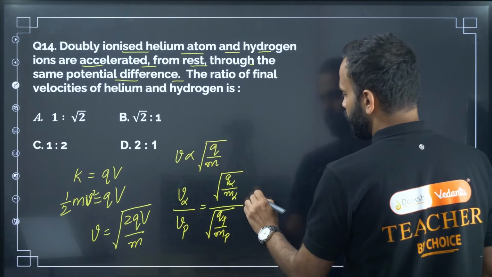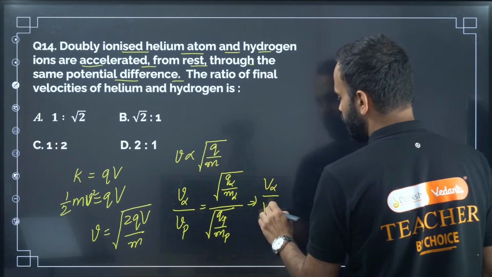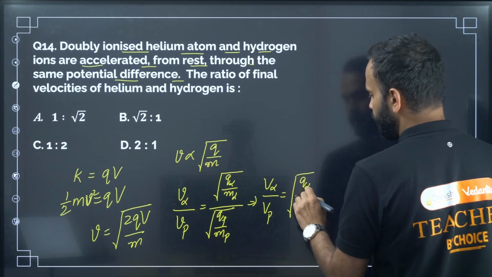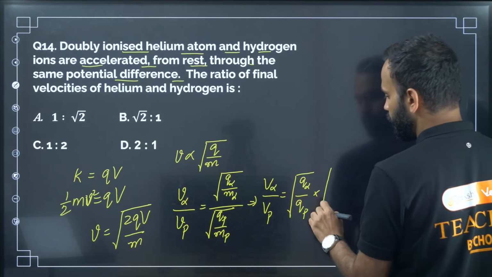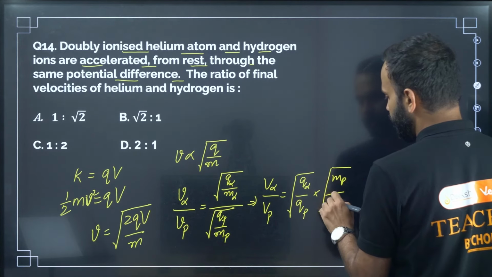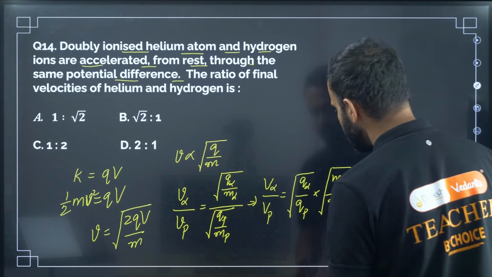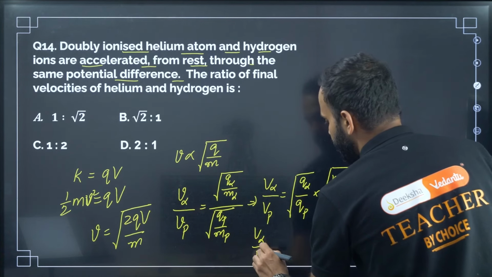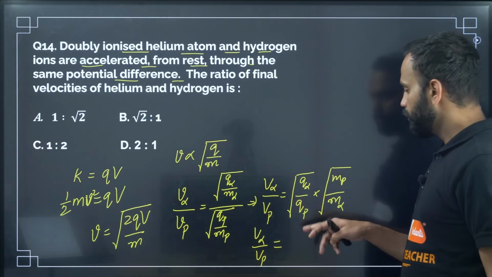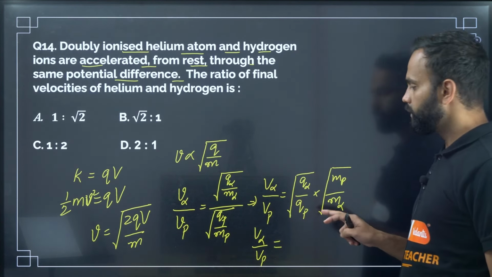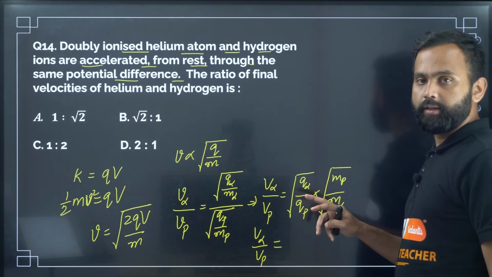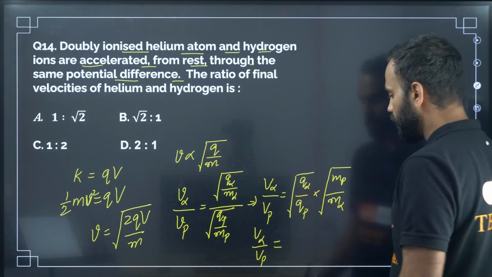So v alpha divided by vp is equal to root of q alpha divided by qp into root of mp divided by m alpha. Now q alpha is 2 times qp, where qp is the charge of the hydrogen atom and q alpha is the charge of the alpha particle or helium, which is 2 times the charge of the hydrogen atom.